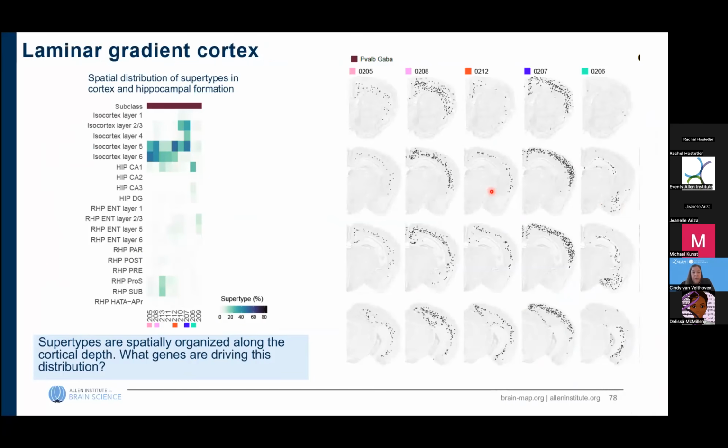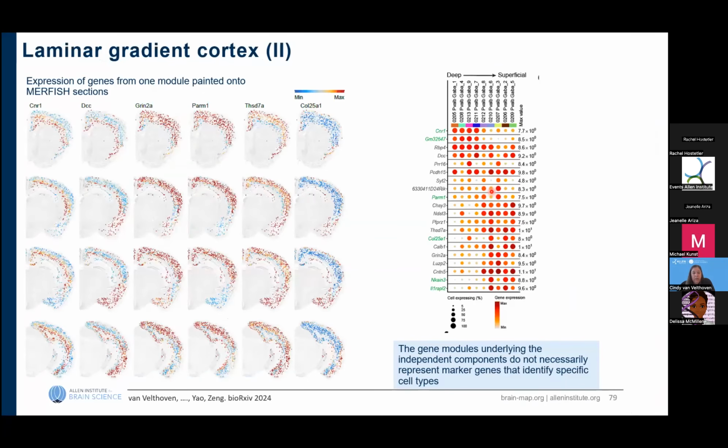We can do a similar thing for the cortex. We saw that there are many supertypes that are organized in a very specific manner along the cortical depth. And we were wondering what are the genes that are driving this distribution. So we took a very similar approach as for the D1 and D2 types.